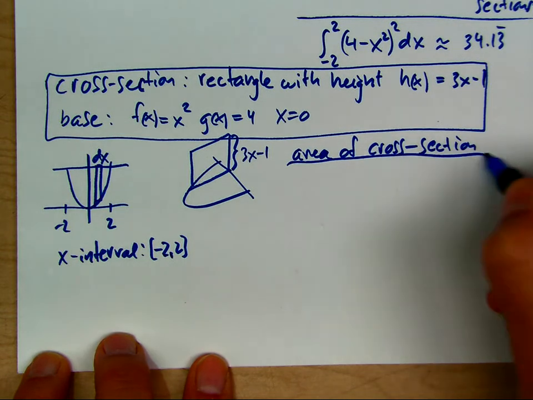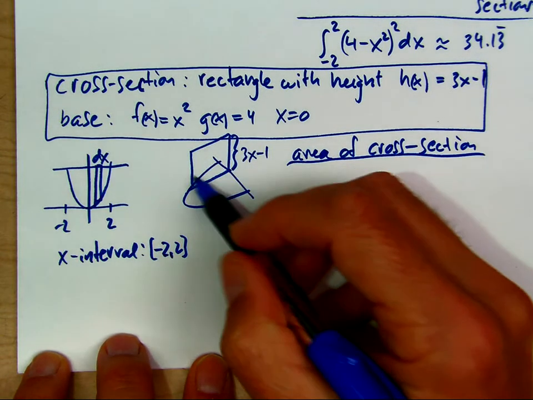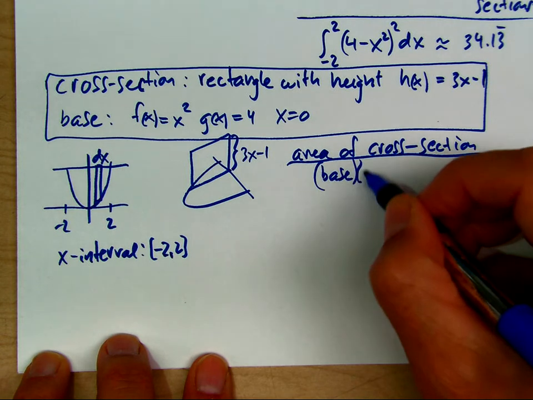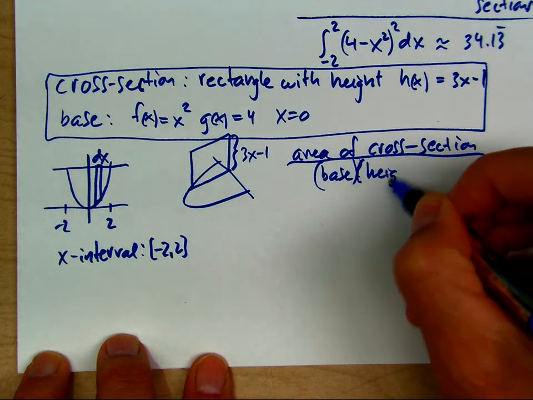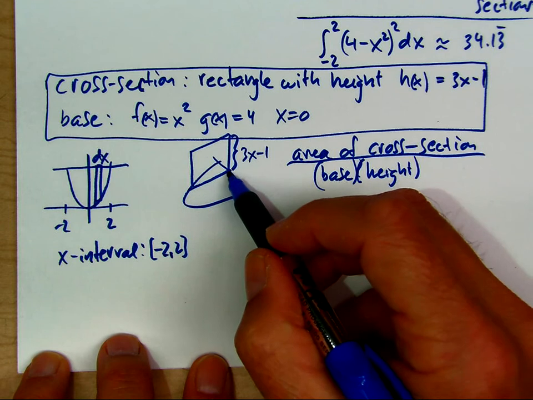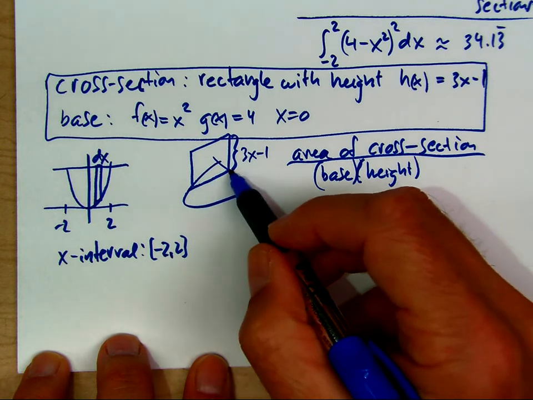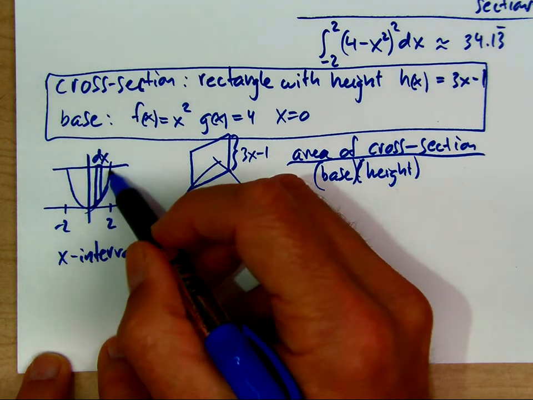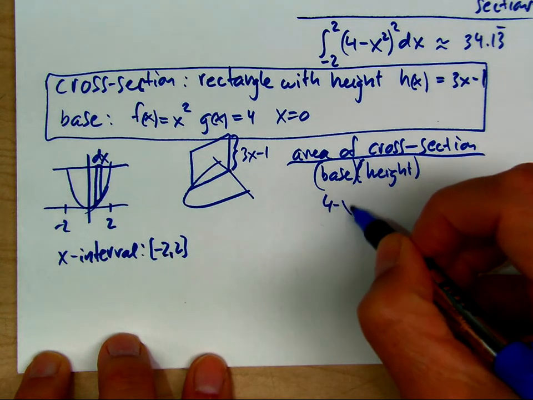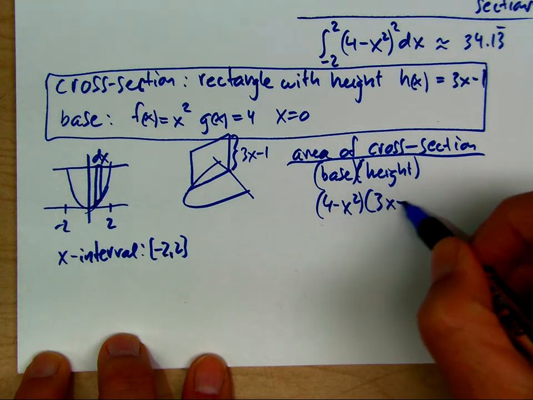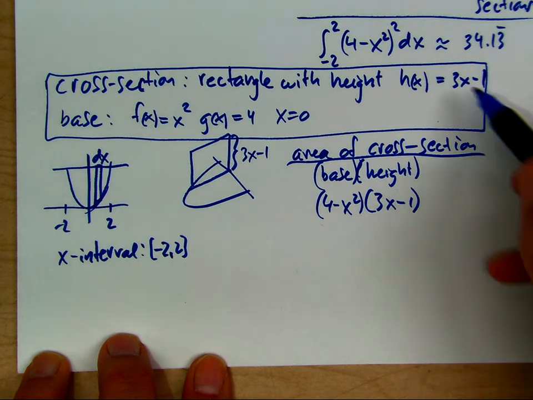Okay, the area of a cross-section. Here's a cross-section. The area is base times height. The length of the base of the rectangle is 4 minus x squared. That's top minus bottom. And the height is 3x minus 1, because that was given.